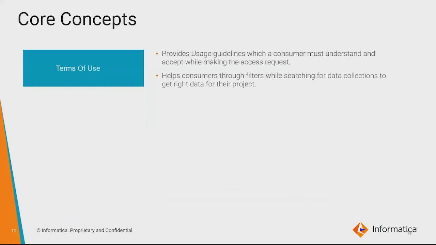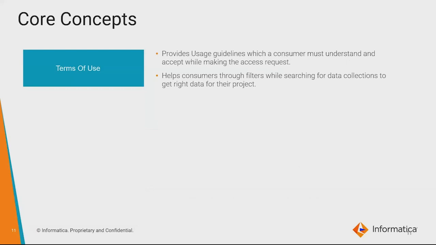Going further, let's talk about a few more concepts of CDMP. So terms of use is a very important thing to understand. This is part of the initial setup of your marketplace system. This provides the usage guidelines which a consumer must understand and accept while making the access request.